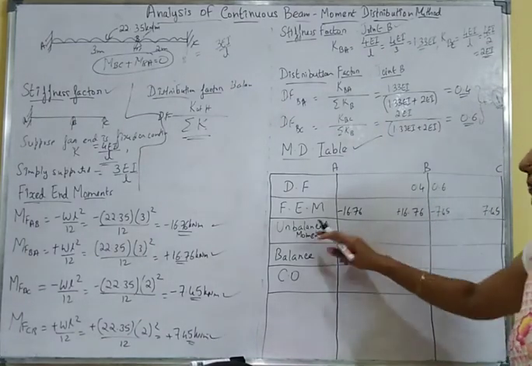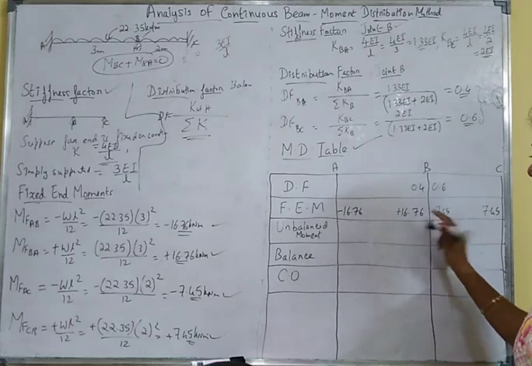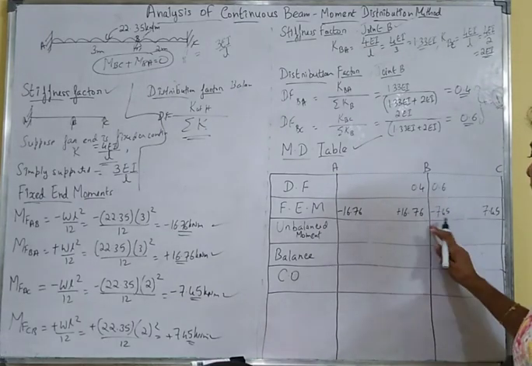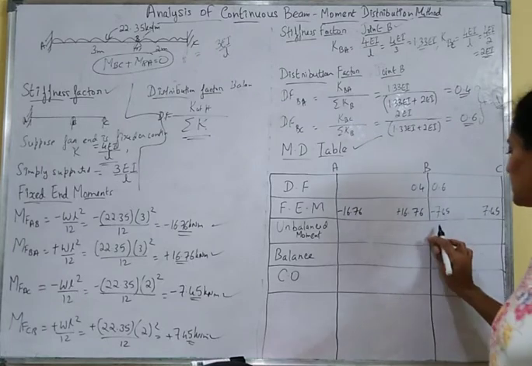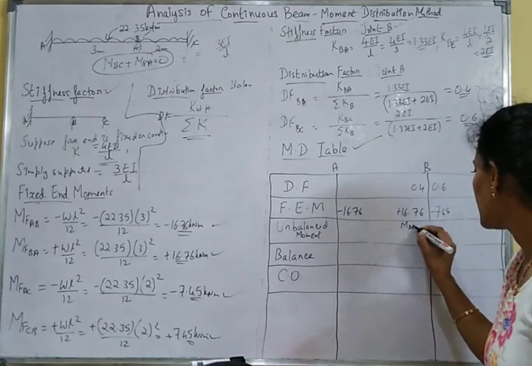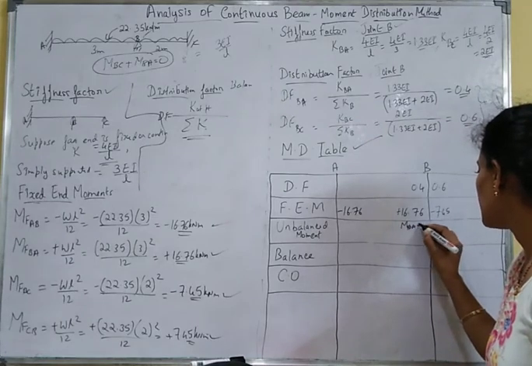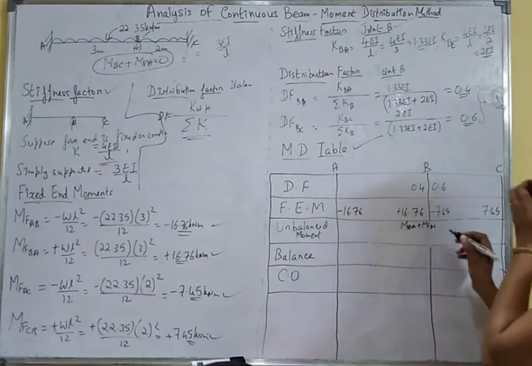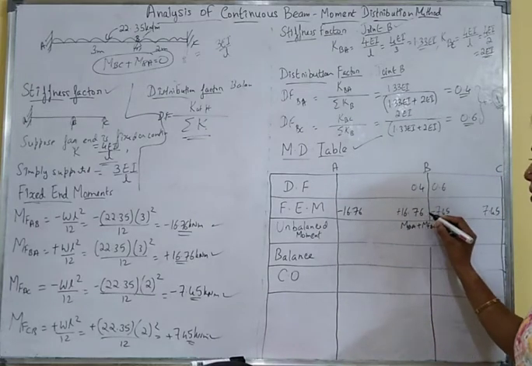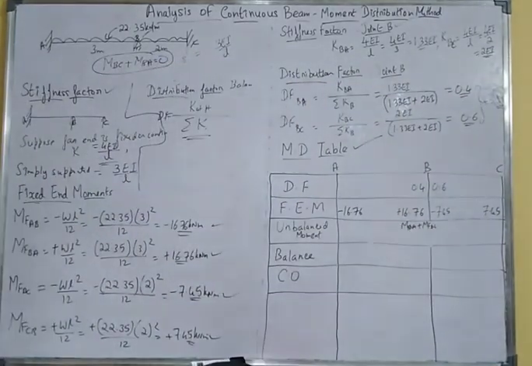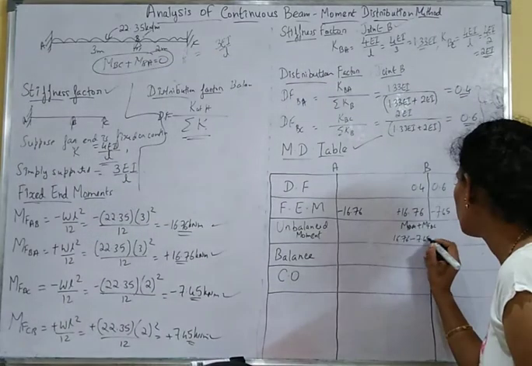Now the unbalanced moment is nothing but the summation of these, that is MFBA plus MFBC. So 16.76 minus 7.45, you will have 9.31.